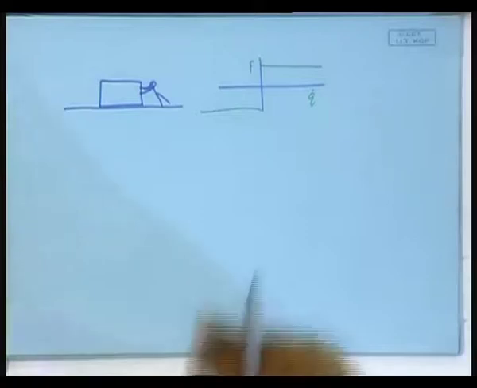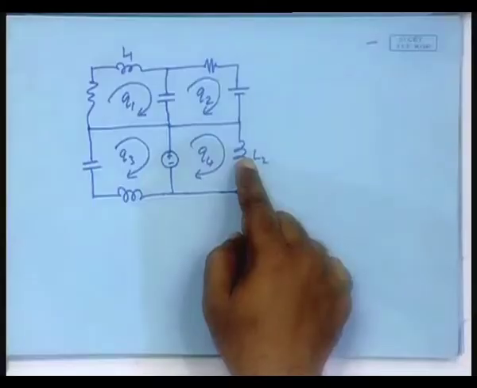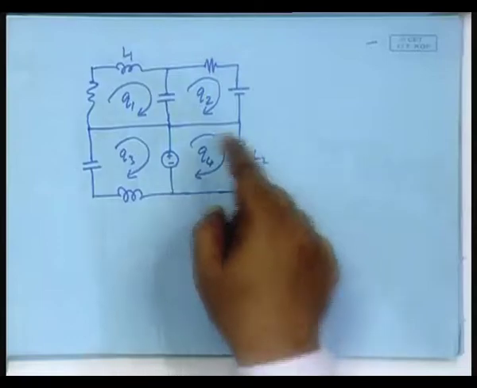Now, if a system has this kind of elements, or say suppose you have got a circuit where one of the elements is a saturable inductor, or the capacitance is not really a linear capacitance, or a system where there is a spring, but the spring is not really a linear spring, it is a hard spring or a soft spring. In any case, the characteristic is slightly bent, not really a straight line. What will we do then? The general technique is first assume that it is a linear thing.